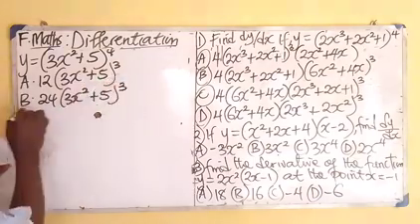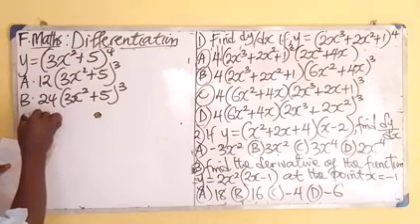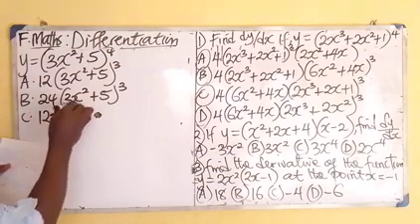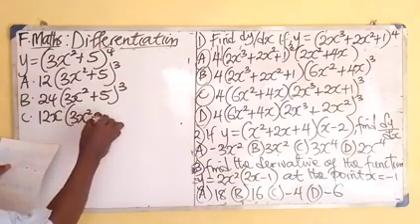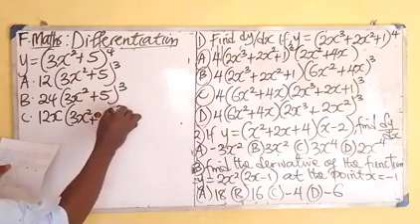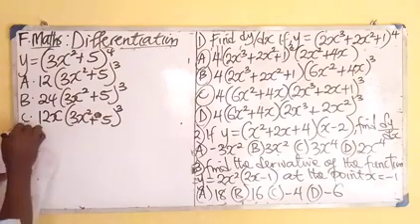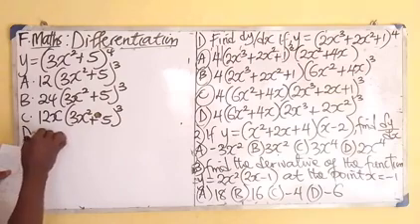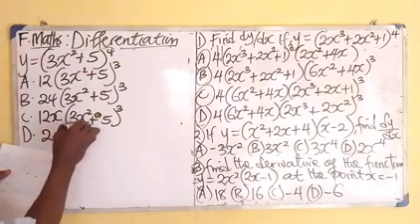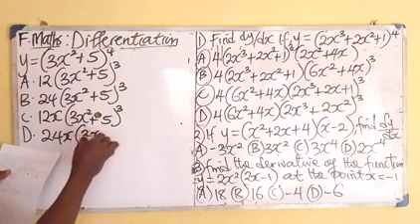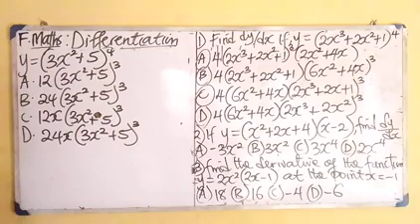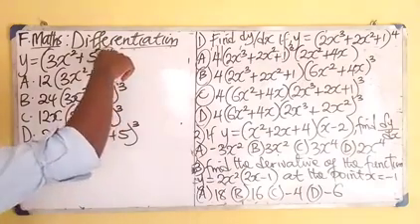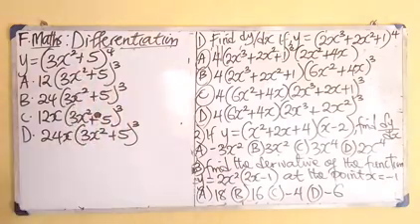We can take that. C, we have 12x open bracket 3x squared plus 5 raised to power 3. We can accept that too. D, we have 24x times 3x squared plus 5 raised to power 3. We can also accept that because we're having 4 here. It means that you definitely have 3 as a power, right?